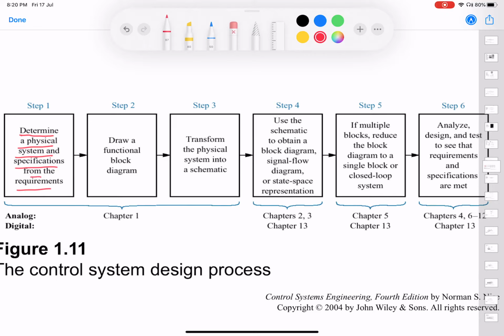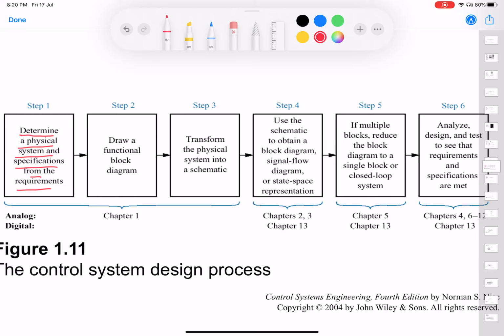So, for example, in the antenna azimuth control system that we saw, the control system engineer will try to see what is the physical system, what are the requirements, right? What is the thing that he has to control? What is the mass? Broadly, try to understand the problem.